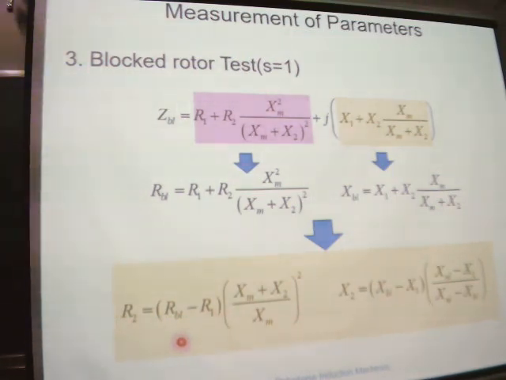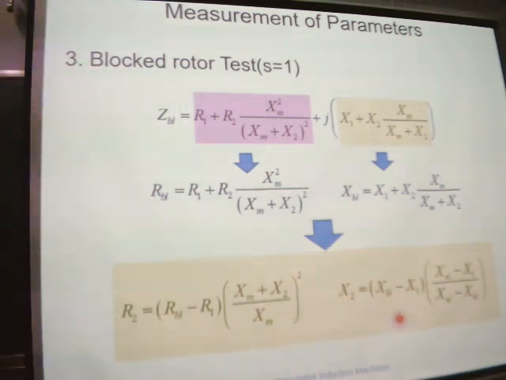We use the resistance of blocked, and also no load, X no load, XM, X block. These values we all know. But this time we don't know x1 and x2.